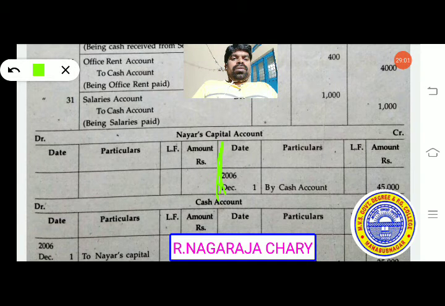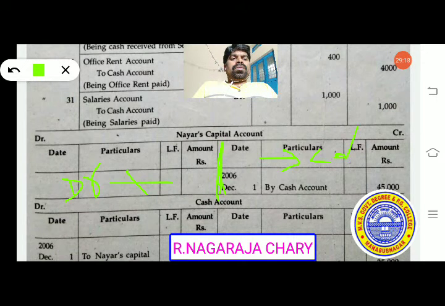Here you are observing Nair capital account. This left side part is known as debit, this right side part is known as credit.